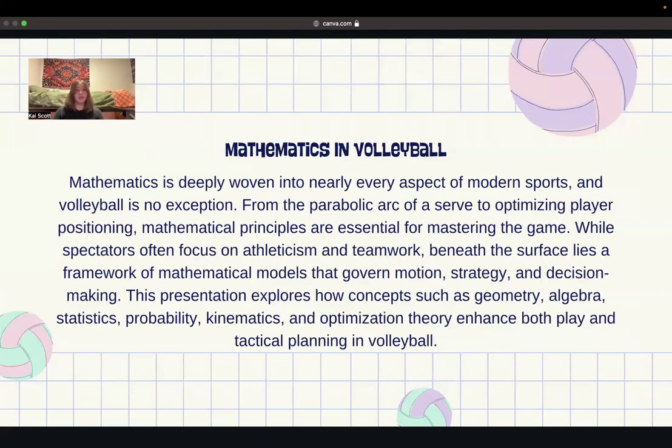While spectators often focus on athleticism and teamwork, beneath the surface lies a framework of mathematical models that govern motion, strategy, and decision making. This presentation explores how concepts such as geometry, algebra, statistics, probability, kinematics, and optimization theory enhance both play and tactical planning in volleyball.